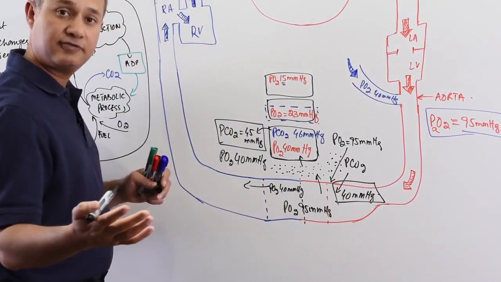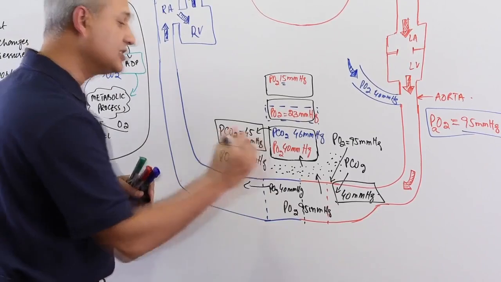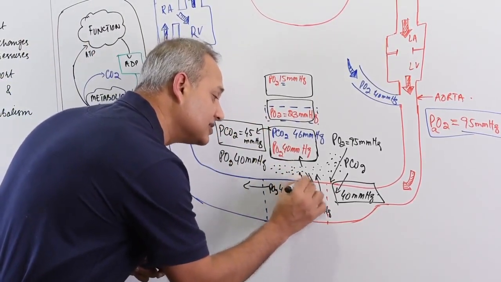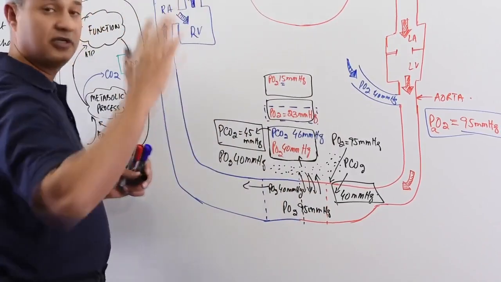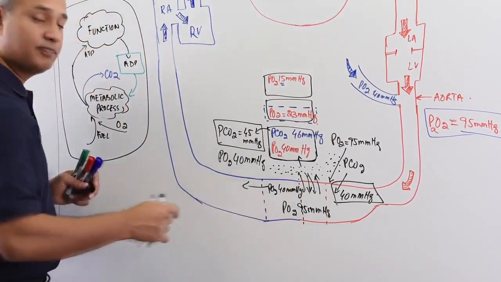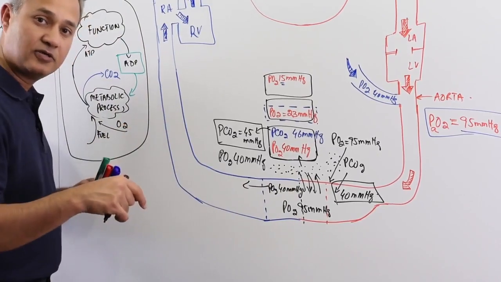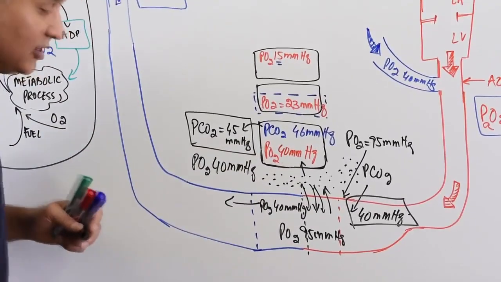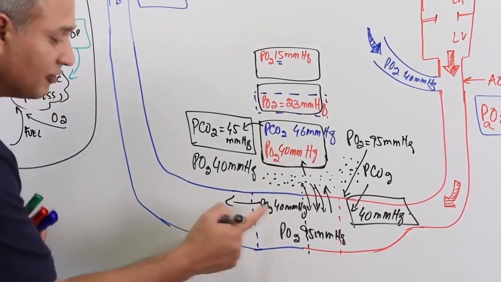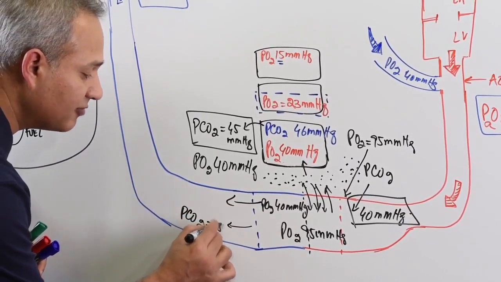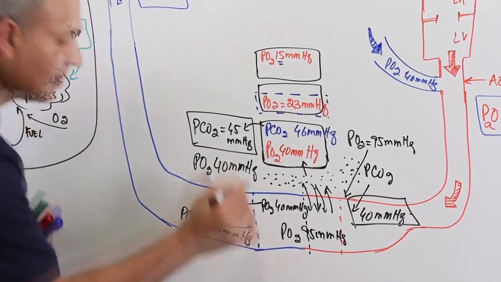So total difference is 5. That 5 is sufficient that in the first 1/3 of the capillary, carbon dioxide diffuses out and equilibrates. So after 1/3 of the capillary, what is the PCO2 inside the blood now? Same as interstitium. How much? 45. So as the blood comes out of the venous end of the capillary, PCO2 inside the blood is 45 millimeters of mercury.